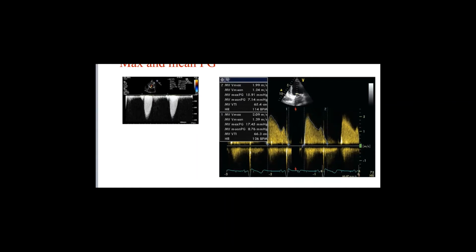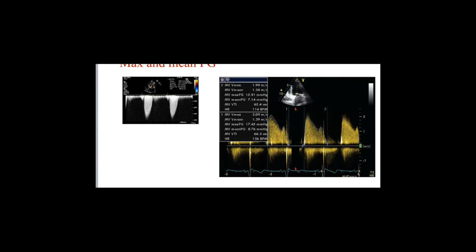For example, a patient has rheumatic mitral valve, with an area lower than 1, so it's severe mitral stenosis. I measured the gradient today and it is 15 mean. After we control his heart rate, the pressure is 9.